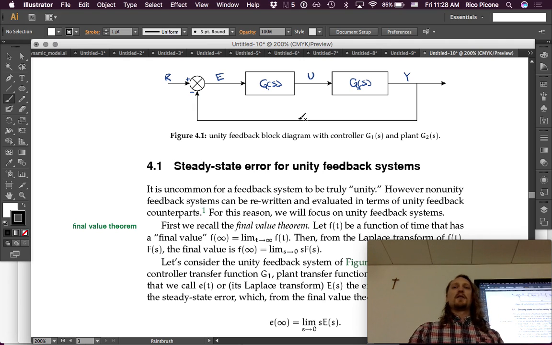So say this is measuring a position, and it needs to give you out a voltage, and that's what you're going to compare to. An ideal one would just measure the position and be perfectly linear and instantaneous with the voltage that it puts out.